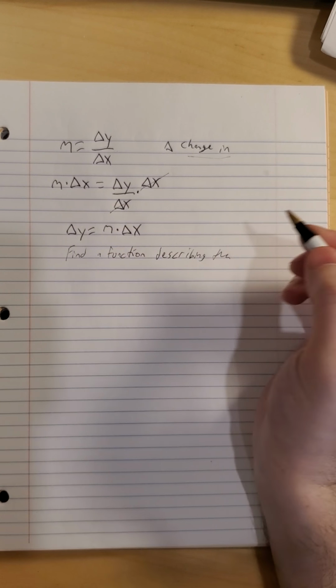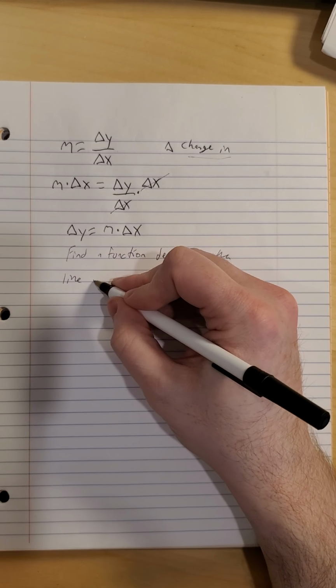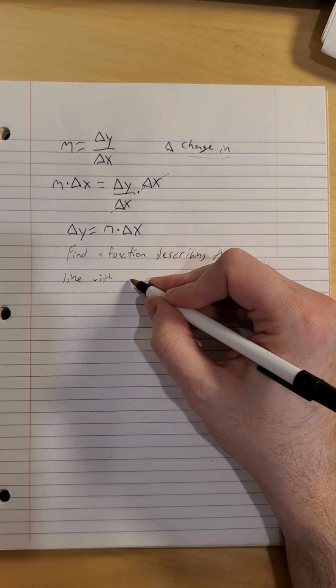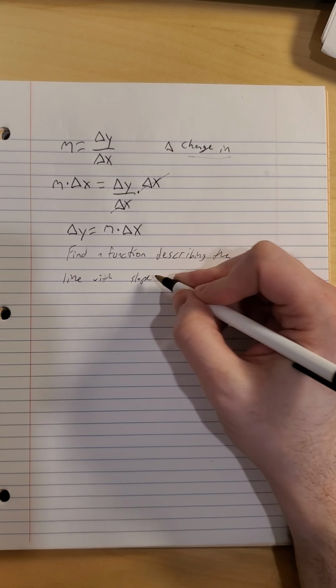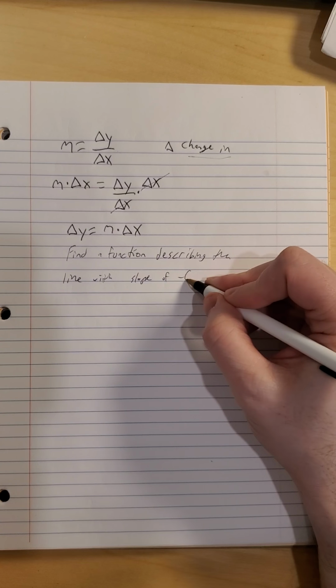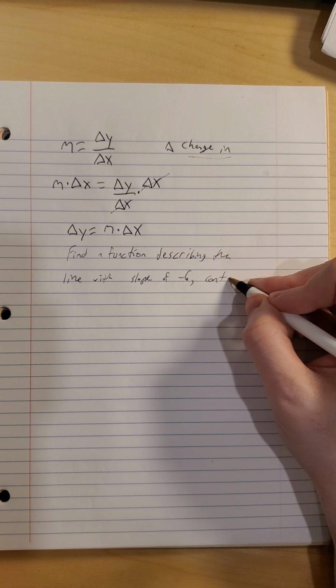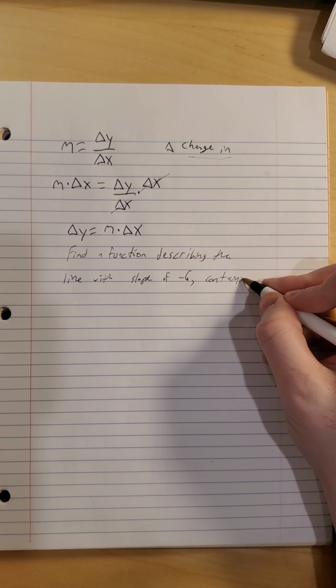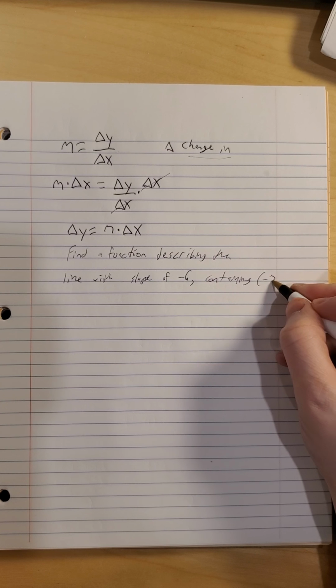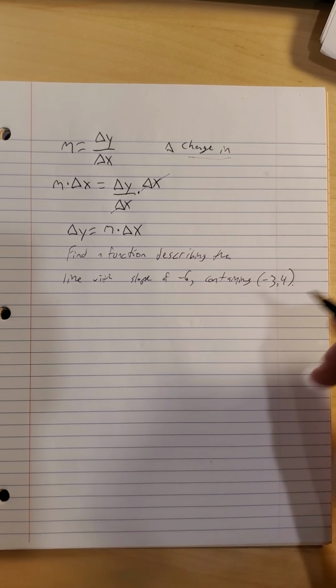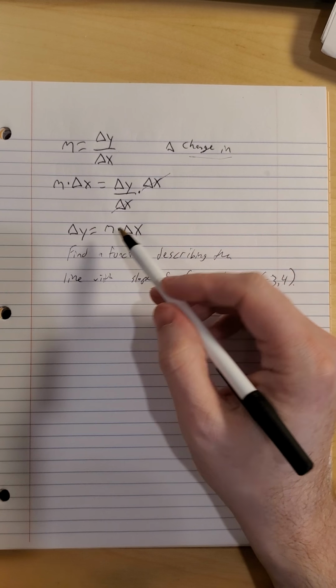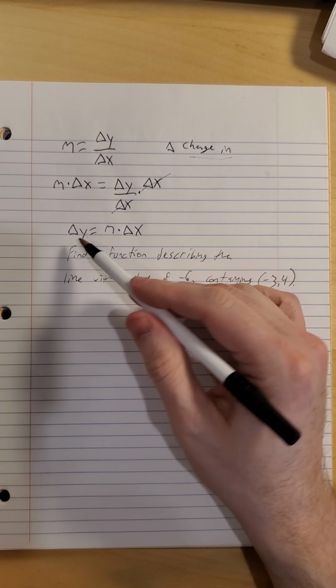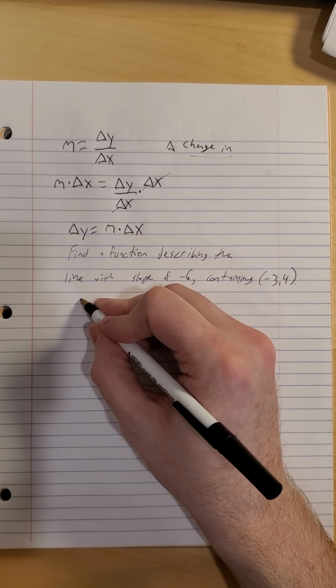So we'll find a function describing the line with slope of negative 6 containing negative 3, positive 4. So we'll go with the new version of the slope formula, change in y.